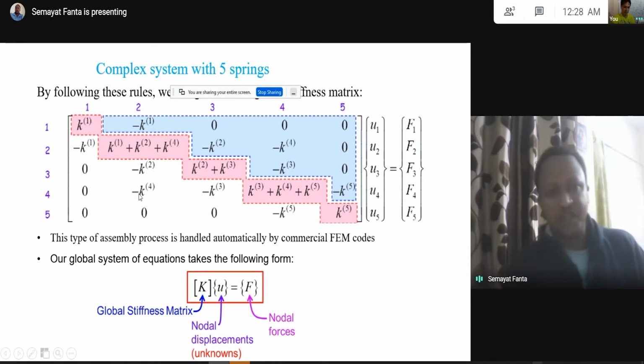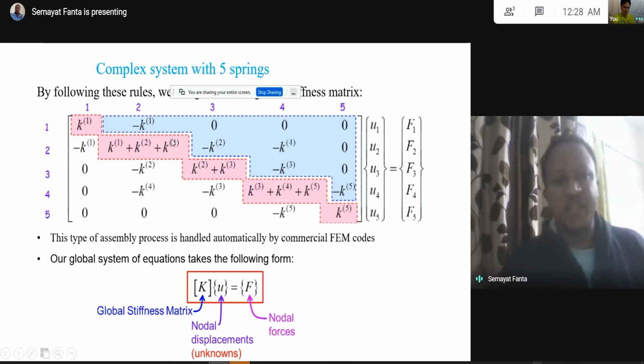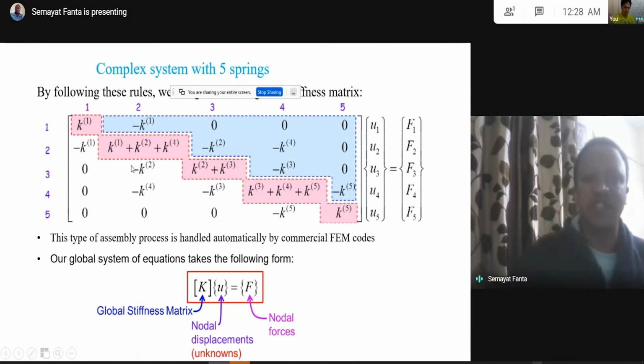For the second spring we have K2, minus K2, minus K2 and K2. These are the entries from the second spring.